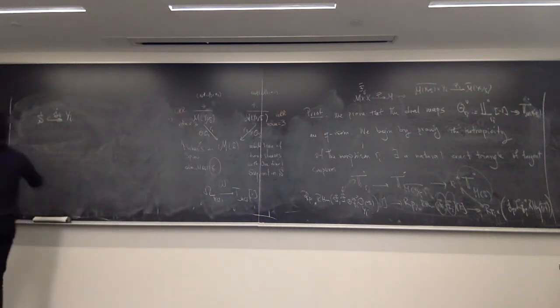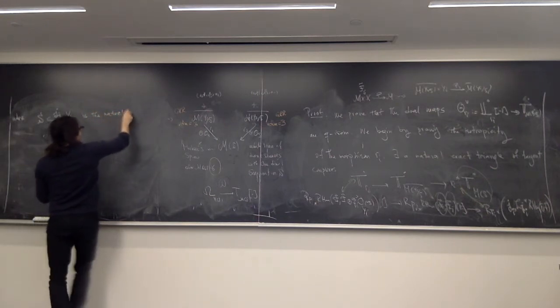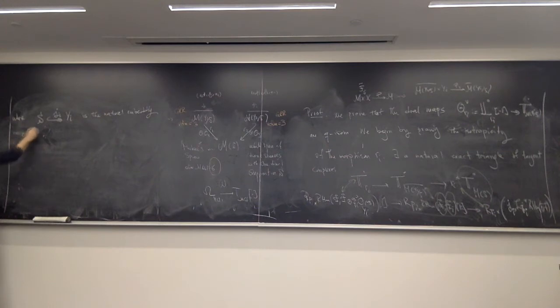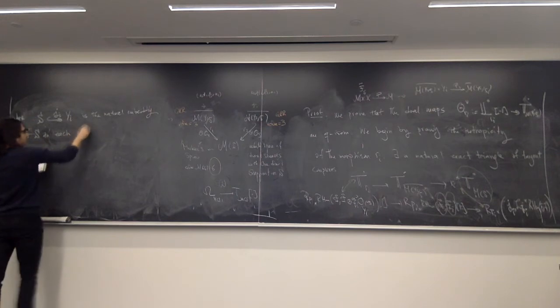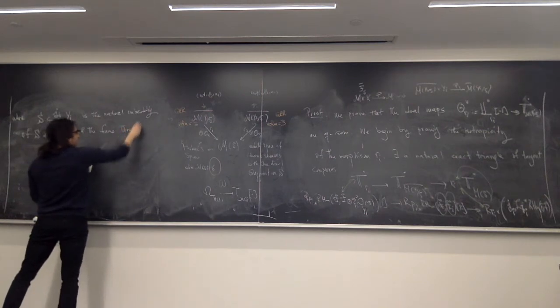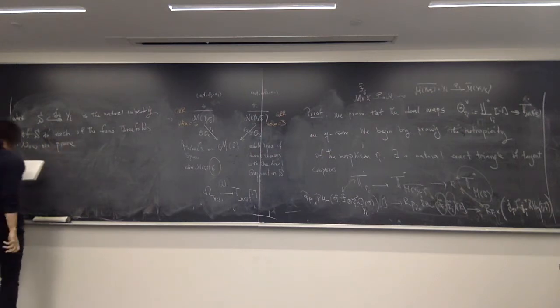So where J, this thing is the natural embedding of S in each of the Fano threefolds. Now we prove isotropicity.